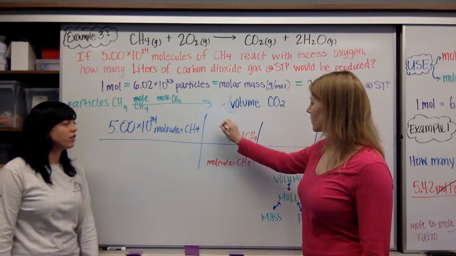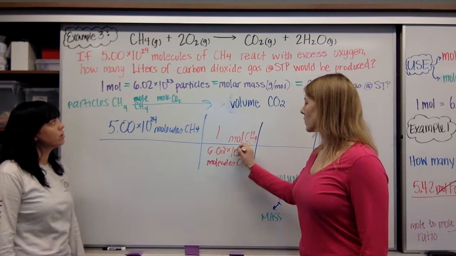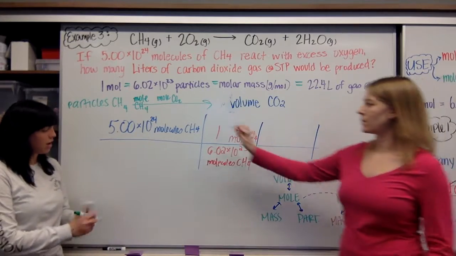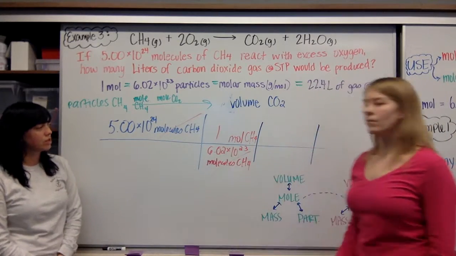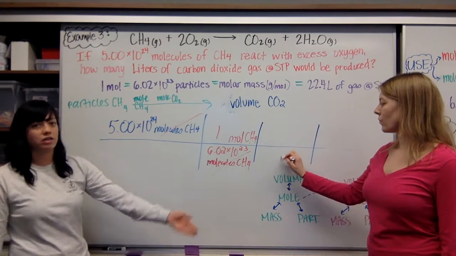So for every 1 mole of methane, I have 6.02 times 10 to the 23rd particles, or molecules. So my molecules cancel out. Then I can use my mole to mole ratio to hop from one mole island to the next.